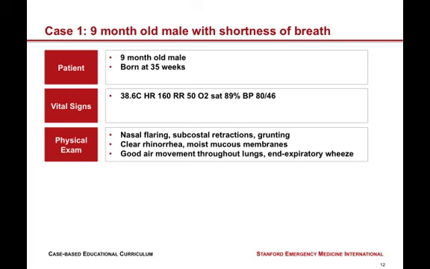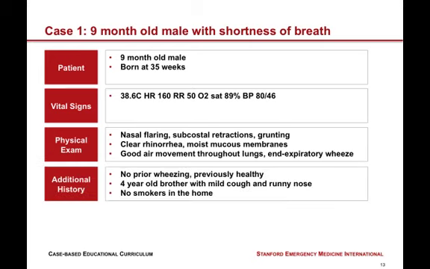Looking at his face, he has clear rhinorrhea, or runny nose, and his mouth is nice and moist, showing a normal hydration status. So even though he has this illness, he is able to eat and drink normally. On auscultation, you hear excellent air movement throughout the lungs, but he does have an end expiratory wheeze.